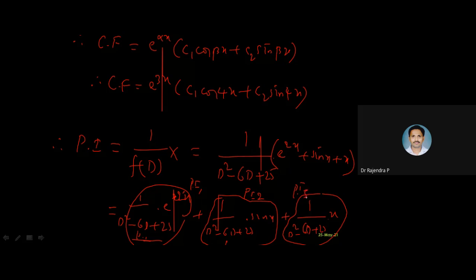I am going to solve them separately. Okay. Now we'll take it one by one. Therefore, particular integral 1, the first part, is 1 by D square minus 6D plus 25 into, what is the first part here? e power 2x. Yeah. Now you substitute e to the power of 2x here.